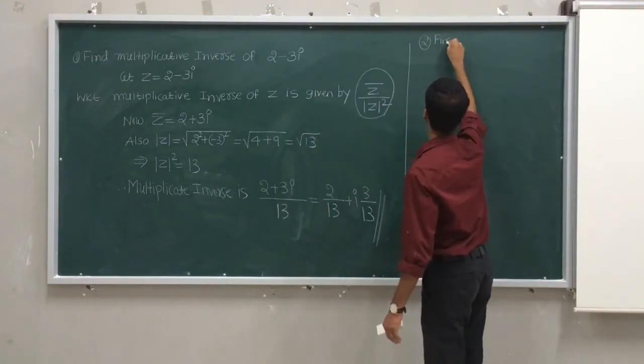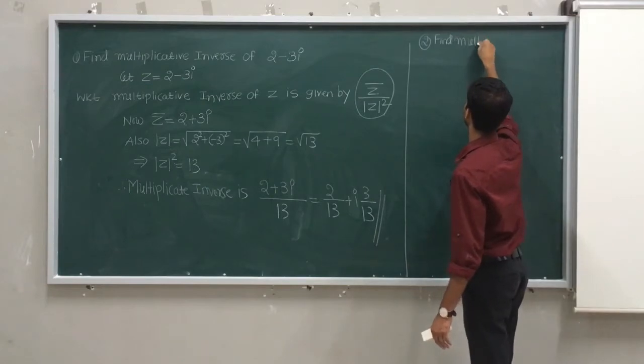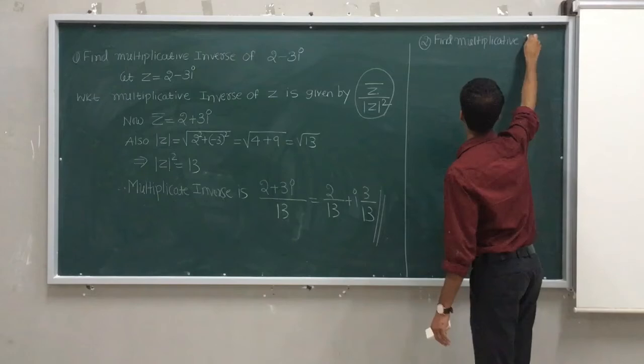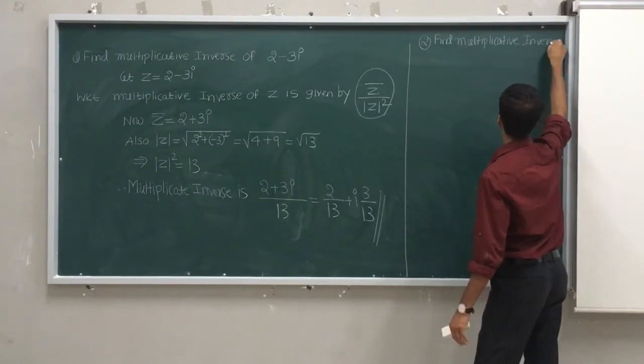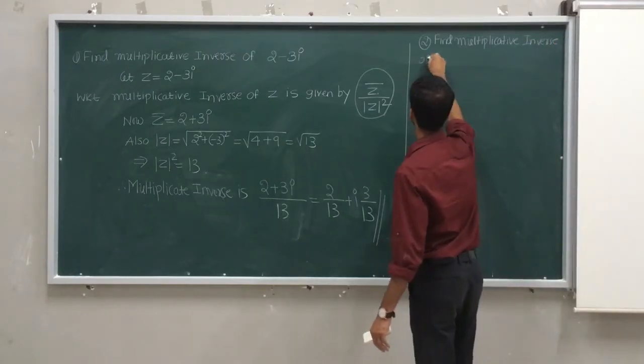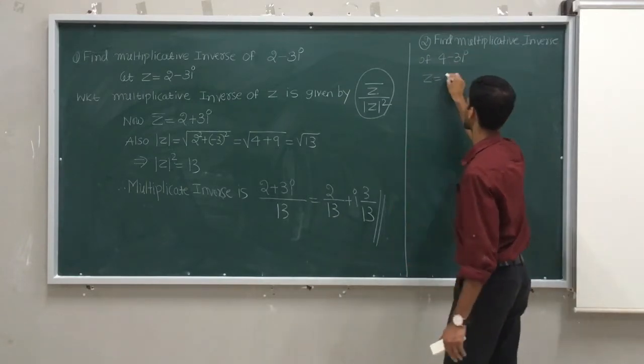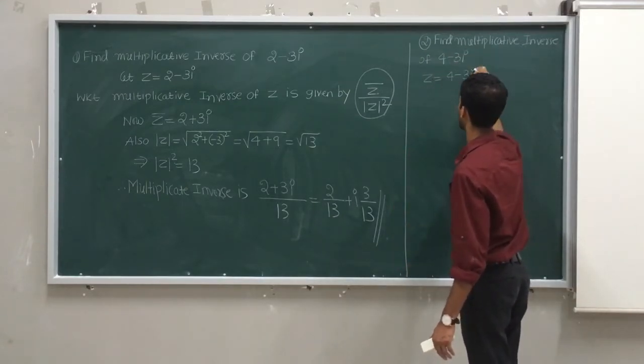Find the multiplicative inverse of 4 minus 3i. So what do you do first? We take 4 minus 3i.